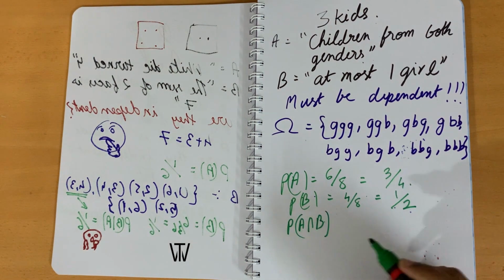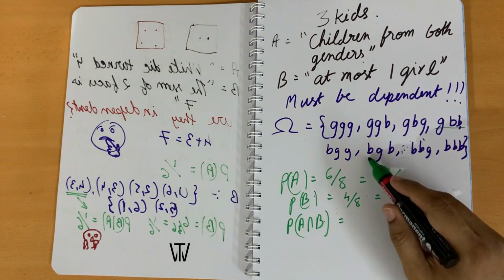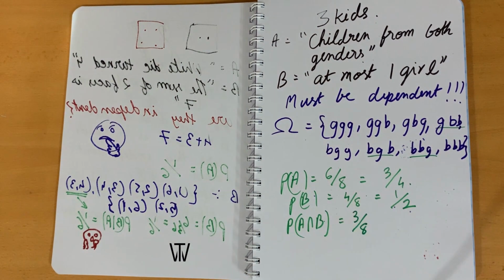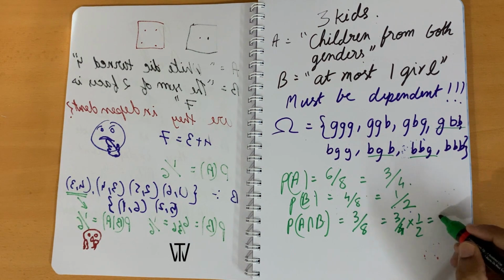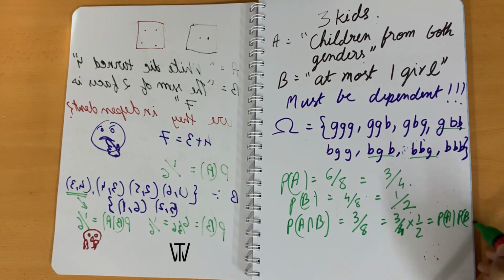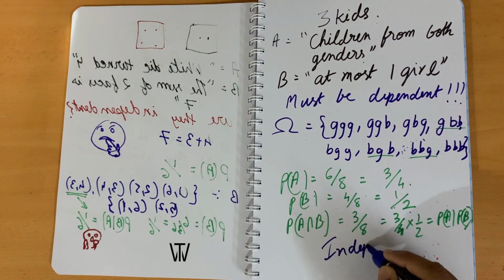Now what about both of these events occurring together? There are 3 favorable cases, GBB, BGB, and BBG. So P of A intersection B equals 3 by 8. But this is equal to 3 by 4 into 1 by 2. That equals P of A into P of B. So these events are statistically independent.